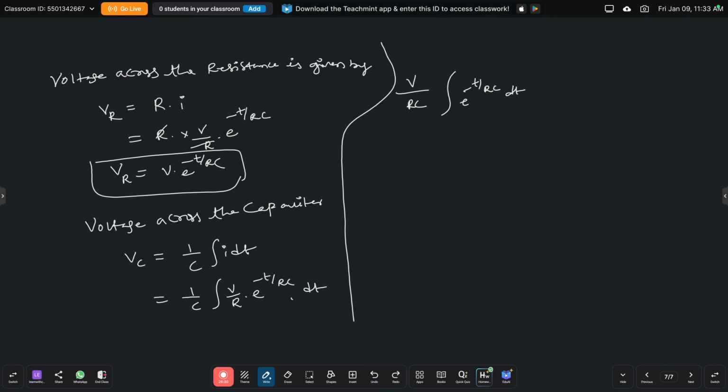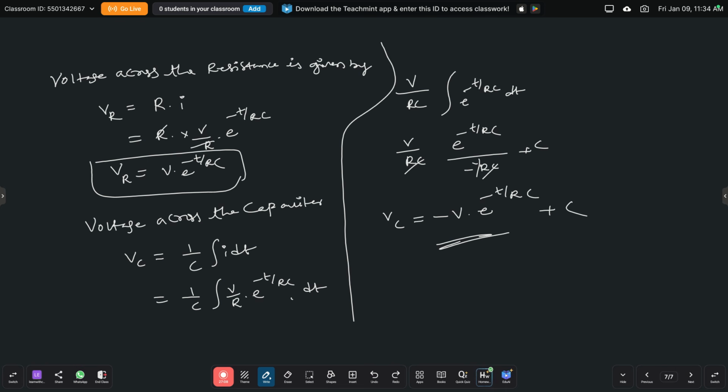V by RC is the constant, so again we write V by RC, and the integral is e power minus t by RC divided by minus 1 by RC, plus some constant C. These two cancel. So then we get VC is equal to minus V into e power minus t by RC plus C. So this is the voltage across the capacitor.